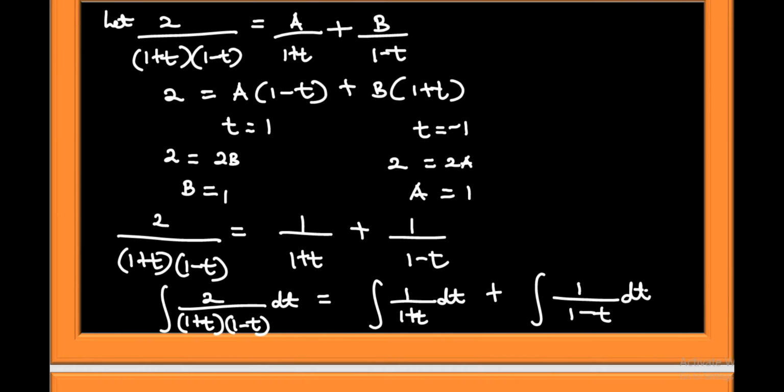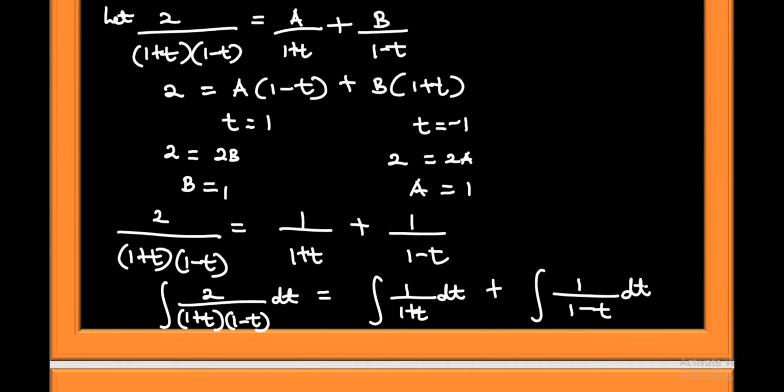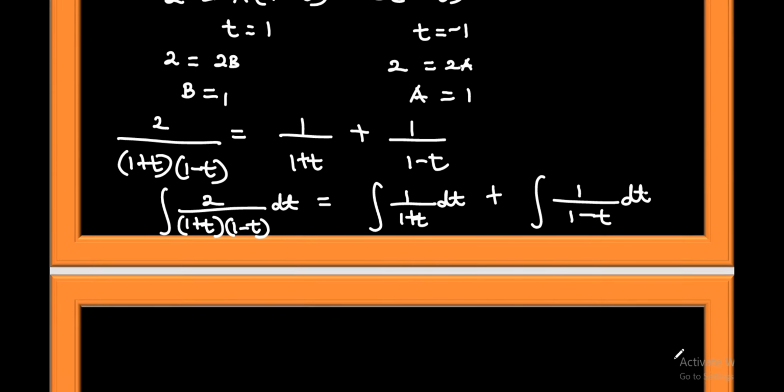When you integrate these functions carefully, the first one will give us a natural log of 1 plus t. And then the next one, be careful, we have a negative coefficient of t, so it will be minus the natural log of 1 minus t plus a constant of integration.